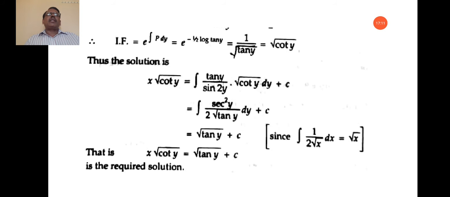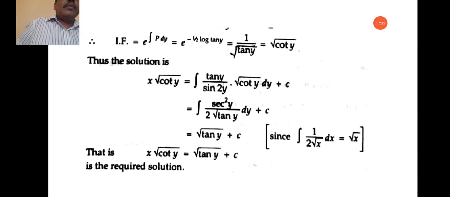The integrating factor is given by e to the power of the integral of p dy. This is equal to e to the power of minus 1 by 2 log of tan y. On simplification we get 1 by root tan y, or this is root of cot y. Therefore the integrating factor is root of cot y.